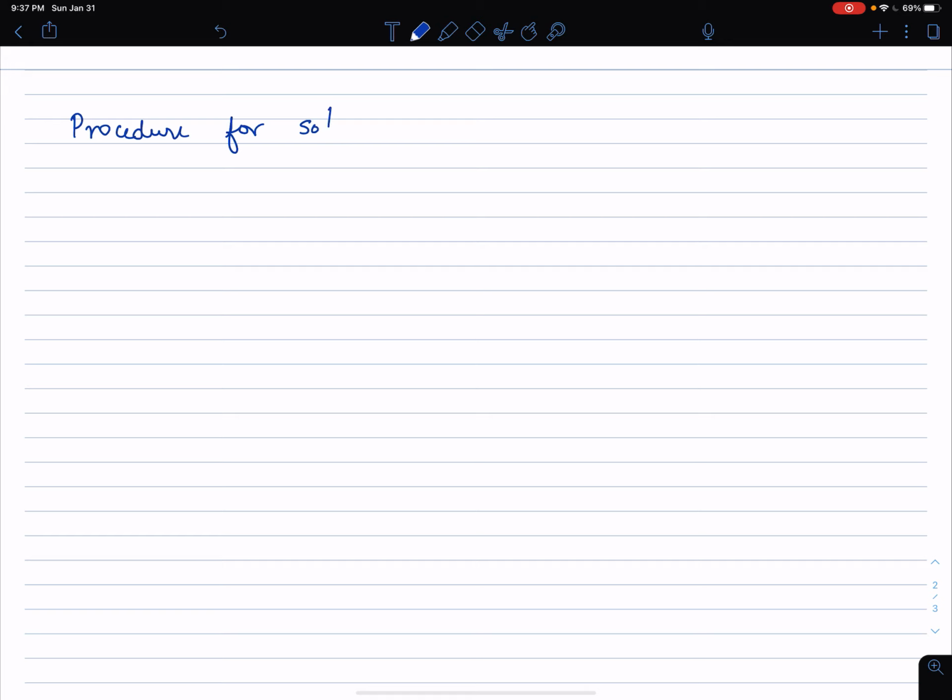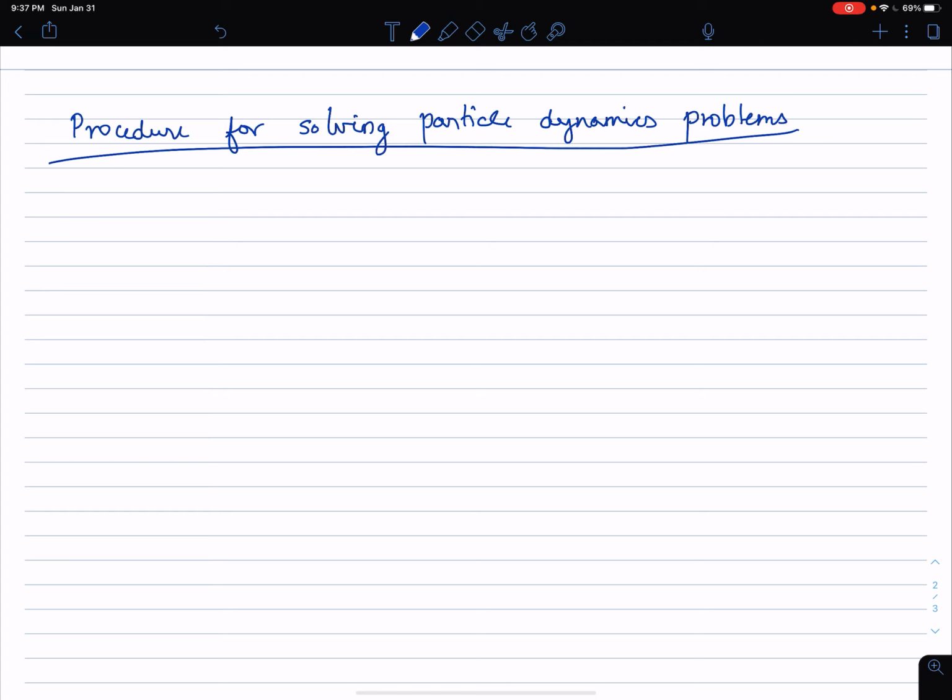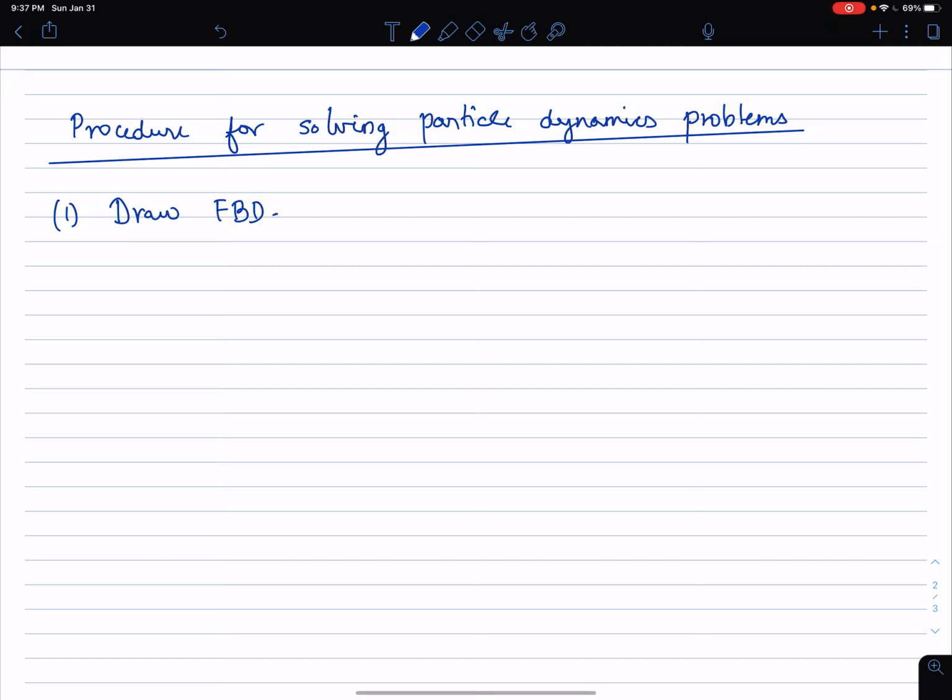For solving particle dynamics or kinetics problems, what's the first step? Okay, draw free body diagrams. FBD stands for free body diagram. I guess you're all familiar with it.